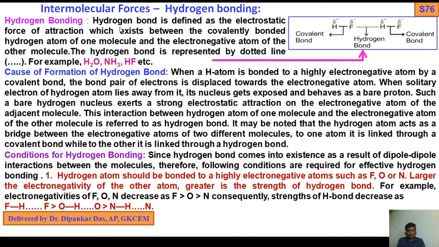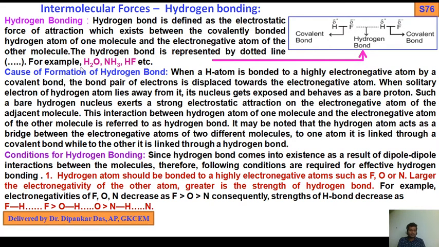Okay, let's see. A hydrogen bond is defined as the electrostatic force of attraction which exists between the covalently bonded hydrogen atom of one molecule and the electronegative atom of another molecule. The hydrogen bond is represented by a dotted line, this one.